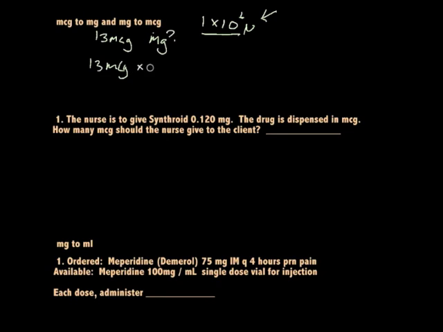We know, and this is a shortcut, that for every 1 milligram, there are 1,000 micrograms. So my micrograms are going to cancel out, and I'm going to be left with blank milligrams. All right, let me back up for a second here.